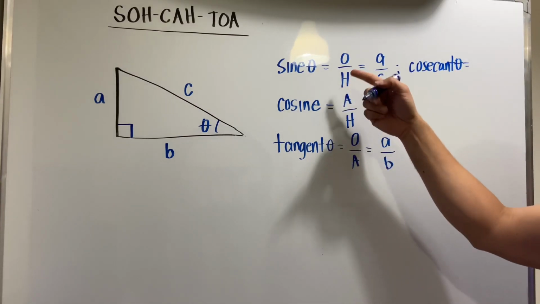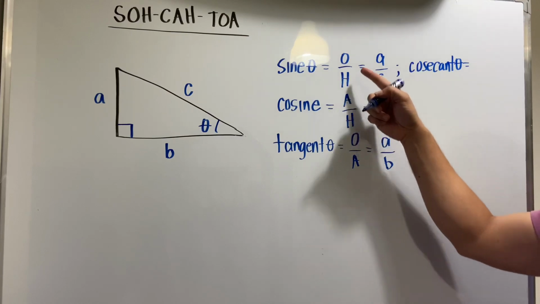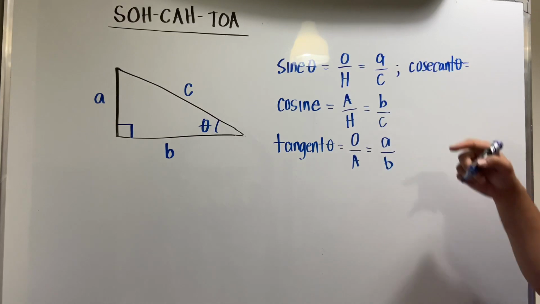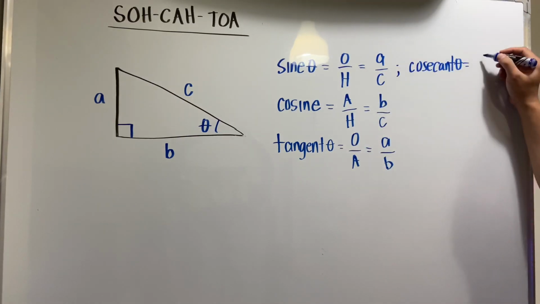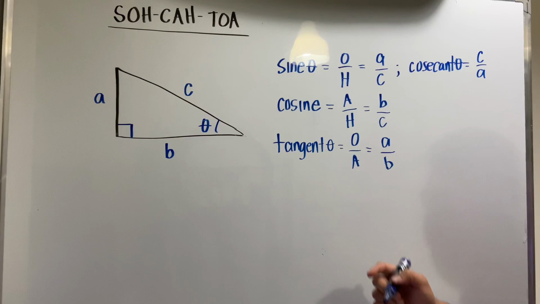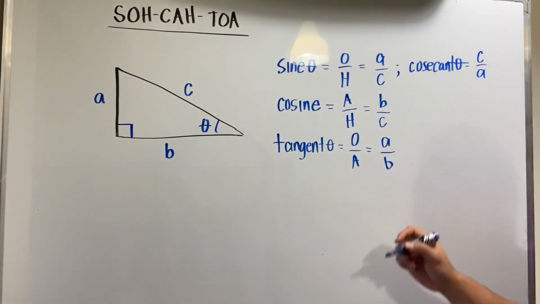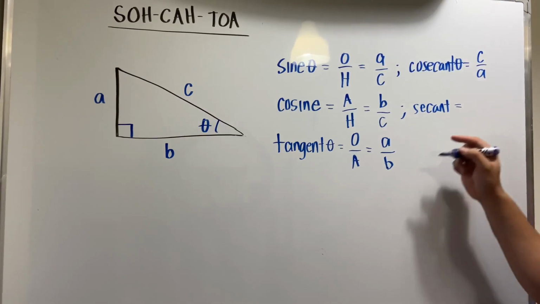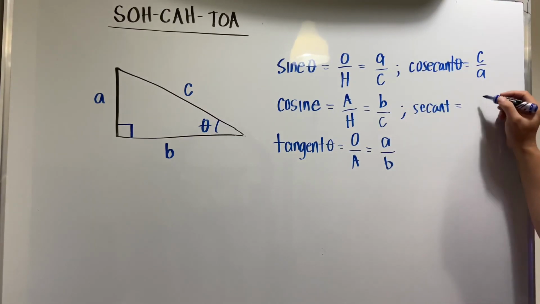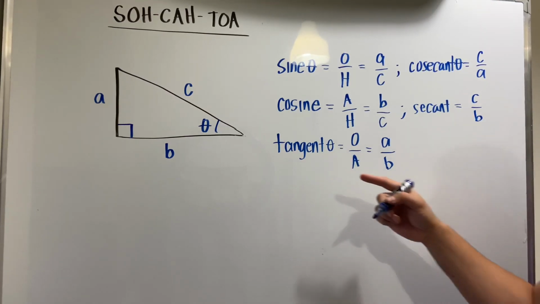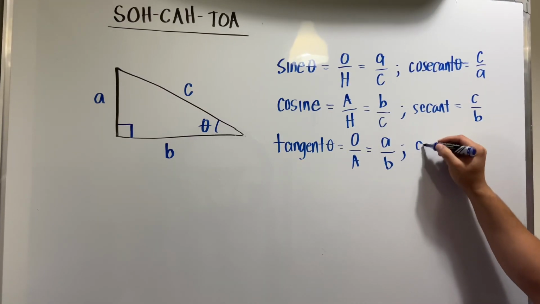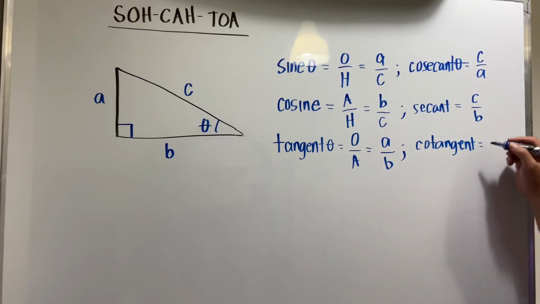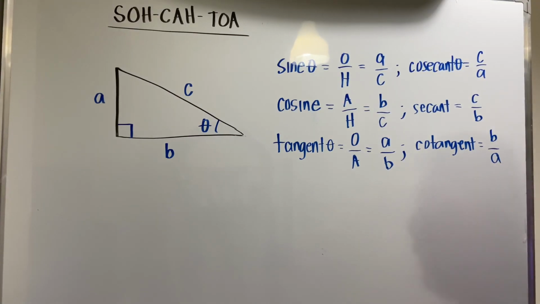So if sine is opposite over hypotenuse, your cosecant would be hypotenuse over opposite, or in terms of the sides, it's C over A. The reciprocal of cosine is secant, which is the inverse of this one, which is C over B. And the reciprocal of tangent is called cotangent, which is equal to B over A.